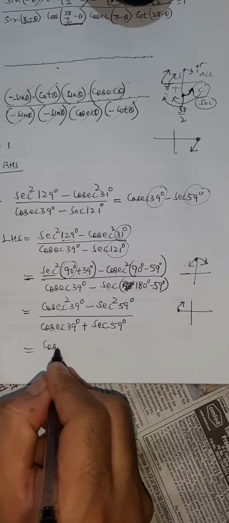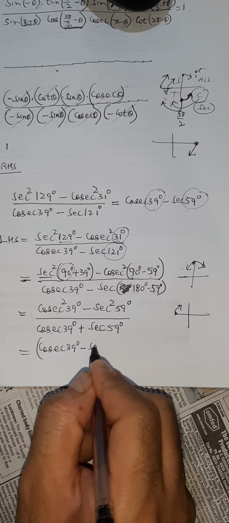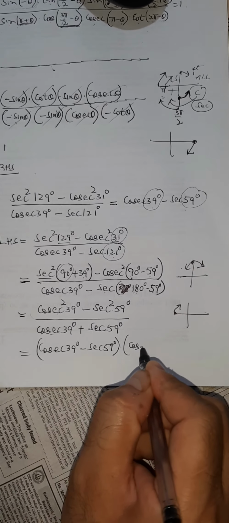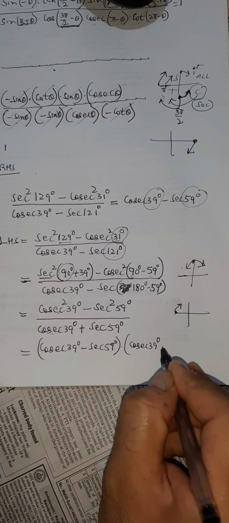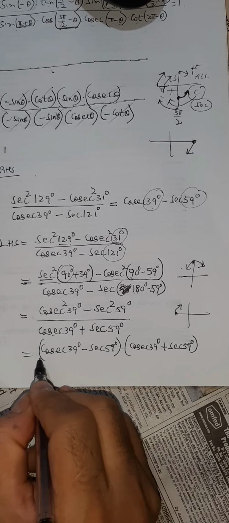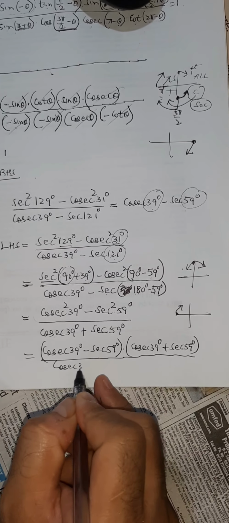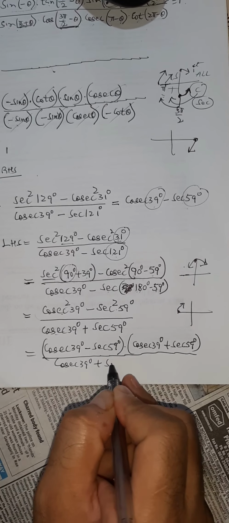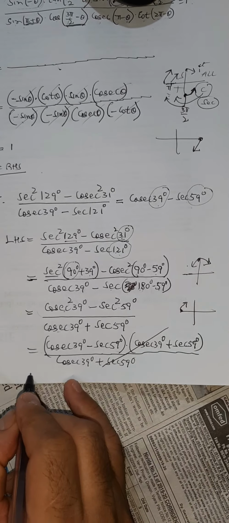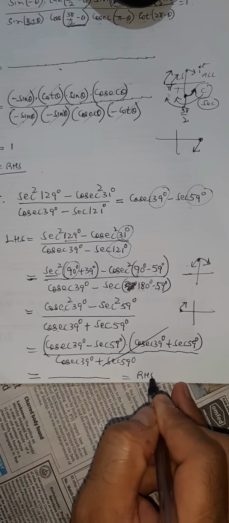So the numerator has two factors: cosec 39 minus sec 59 into cosec 39 plus sec 59, upon cosec 39 plus sec 59. So that plus factor will get cancelled. You will get just this much only, and that is the RHS.